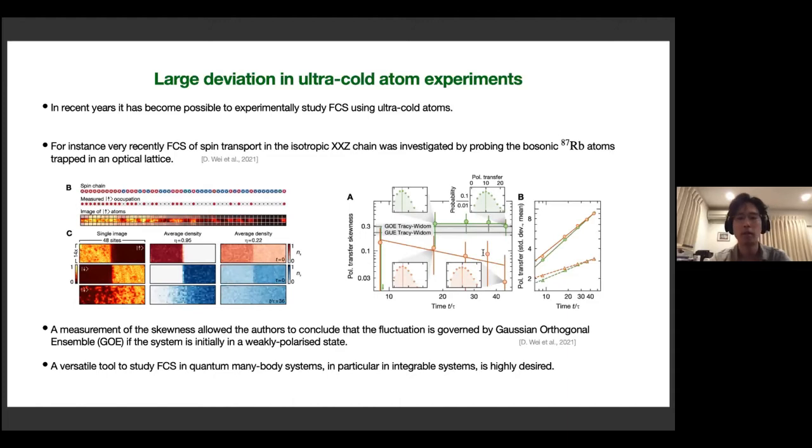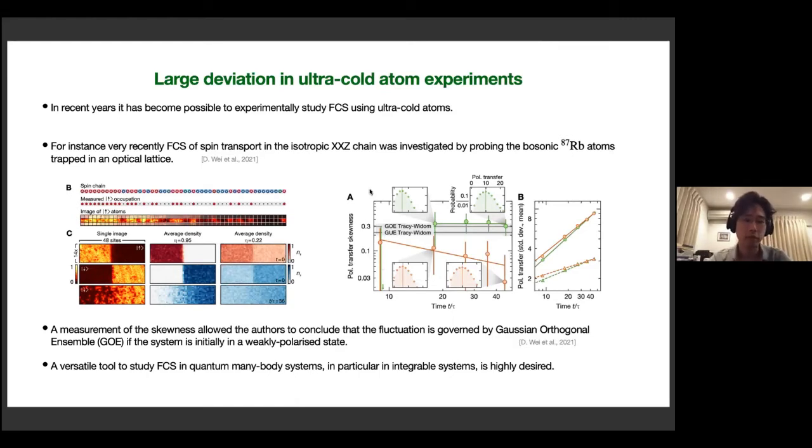More interestingly, recently, this full counting statistics of quantum many-body systems has also been applied to spin transport using ultra-cold atom experiments.